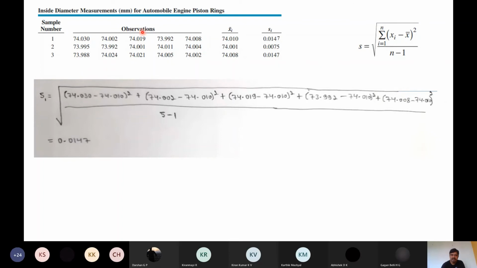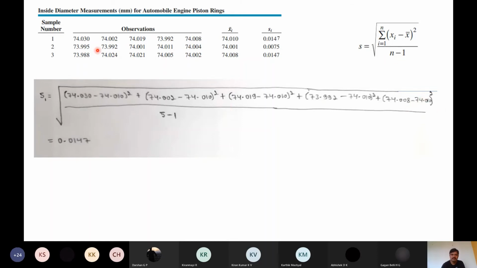It is the same for all the 5 trials. Next, for the third one, 74.019 minus 74.010 whole to the power square. Next 73.992. Since you have to add all the values, so plus. After this you have to add them. Again the last one, 74.008 minus 74.010 whole to the power square.